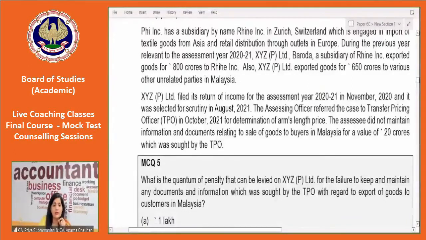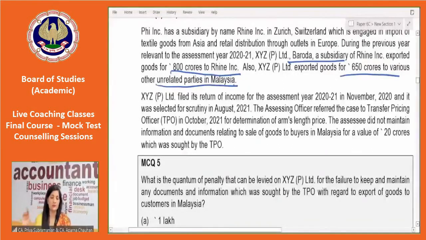Reining is a subsidiary of Fee and XYZ Limited is a subsidiary of Reining, right? And it also exported goods for 800 crore to Reining. Subsidiary and parent company become associated enterprise for the purpose of transfer pricing provisions. Also, XYZ Limited exported goods for 650 crores to various other unrelated parties in Malaysia.